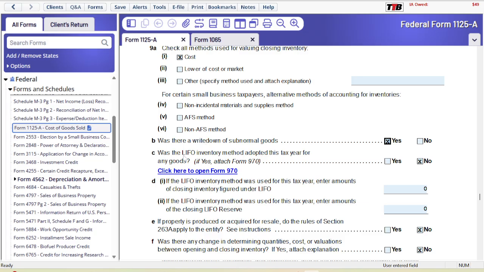Was the LIFO inventory method adopted for this year? The answer is no. LIFO means last in, first out.